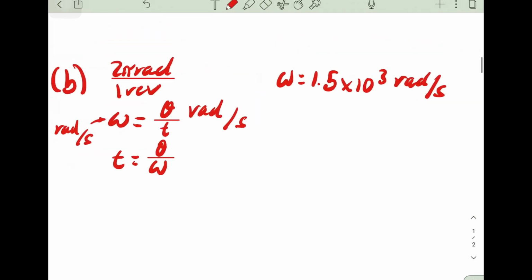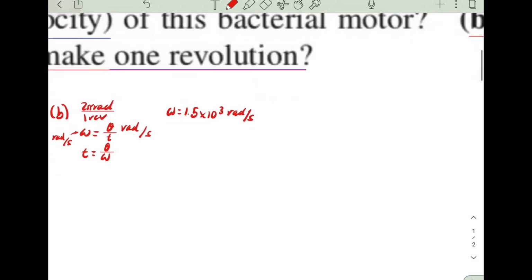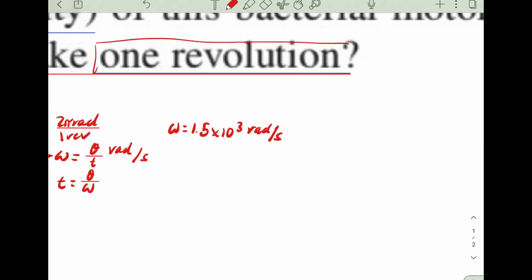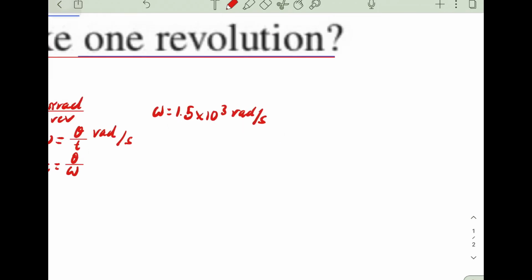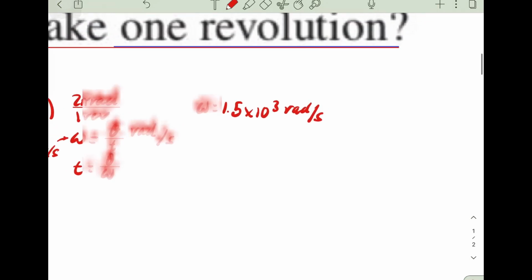So we don't know what our angular displacement is, but don't fret, because it tells us right here, 1 revolution, meaning how many radians does the flagella cover in 1 revolution.